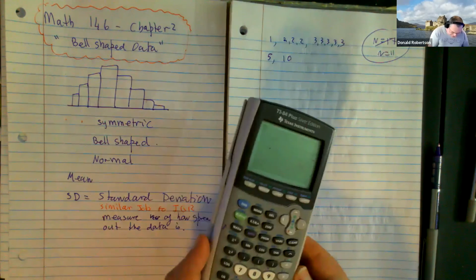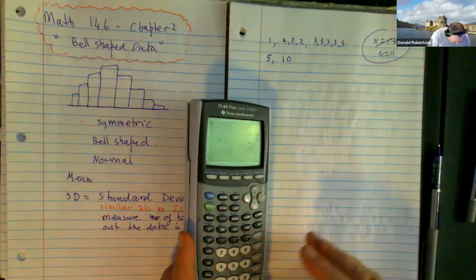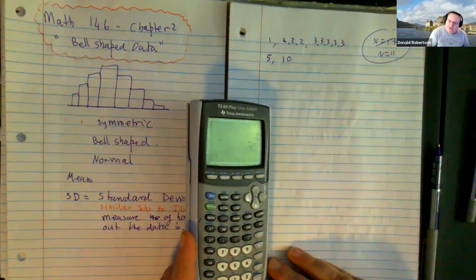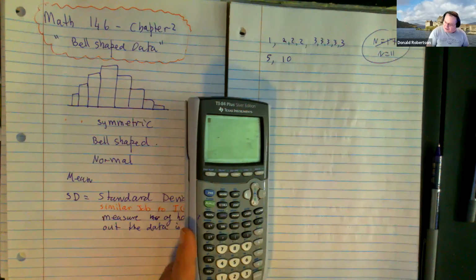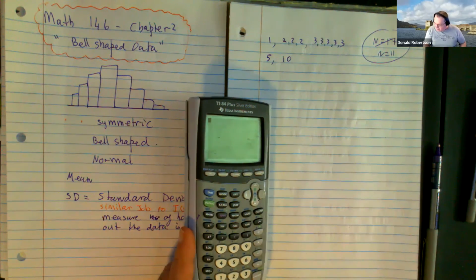So let's find the standard deviation. It's a number that basically tells you how spread out this is. And then I'm going to show you how to test for an outlier using standard deviation. Remember we had the test when we used the interquartile range for this is an outlier or that's not. There's a different test if you want to use the standard deviation.